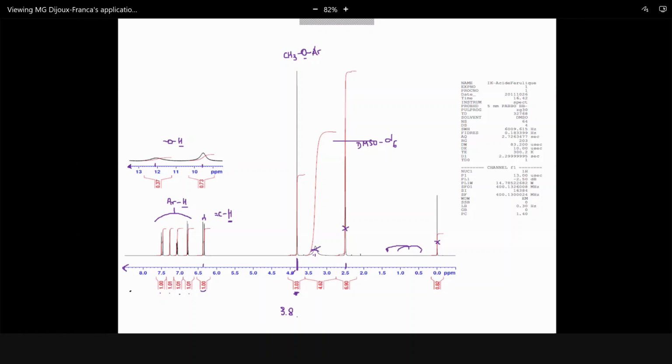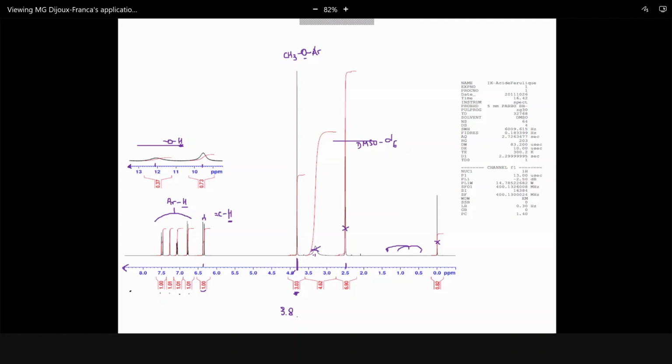So we have different elements here. We know that we have an aromatic ring. We have a double bond. We'll calculate the coupling constant in a moment. We have a methoxyl group on the aromatic ring, and we have either carboxylic acid protons or alcohol protons on the aromatic ring.